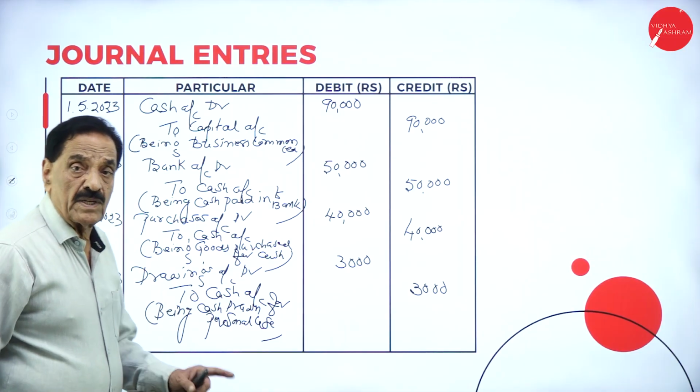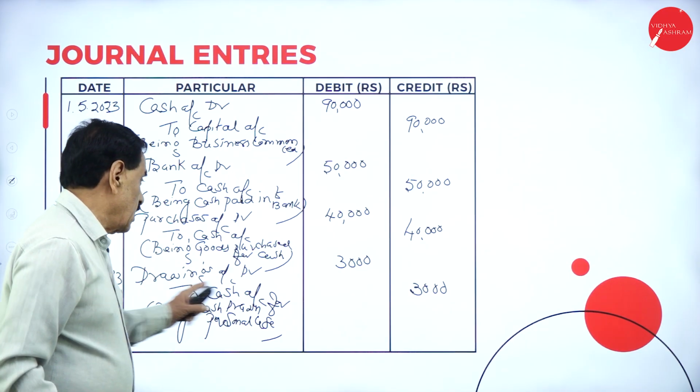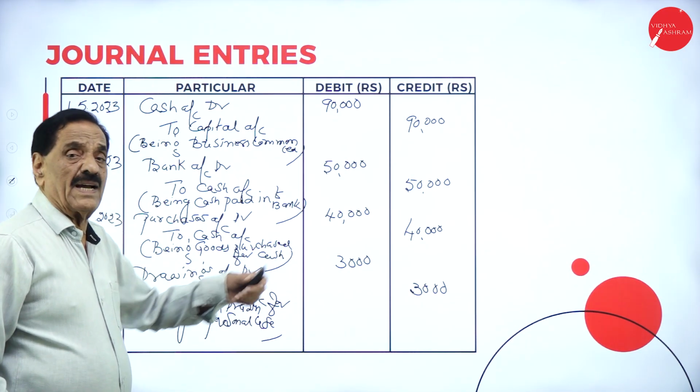Anything drawn for personal use is called drawing. Drawings account debit to cash account.